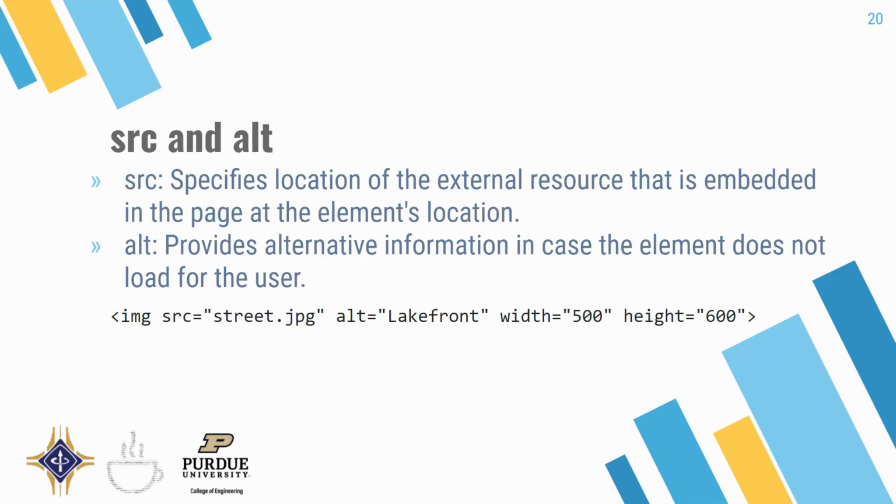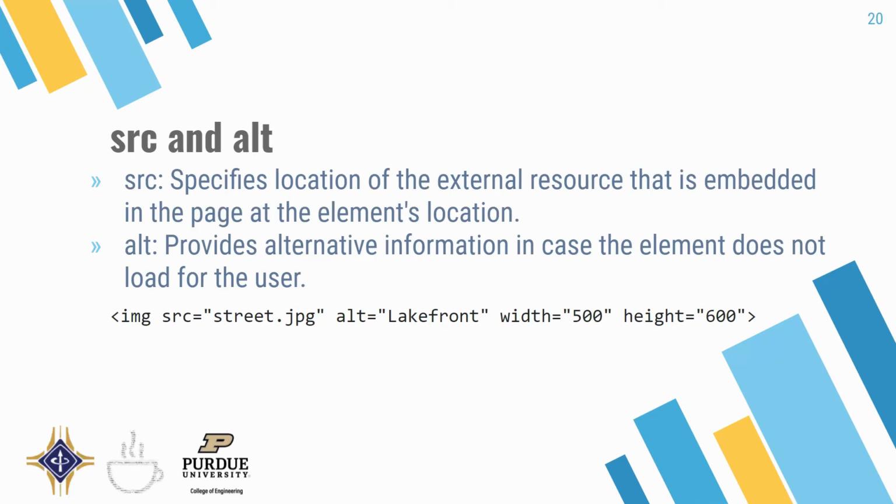The final 2, height and width, are pretty explanatory. The height and the width of the image, and the value is how many pixels, or px, you want your image to be displayed as. So this image is going to be 500 by 600 pixels. One thing to be careful about, again, is HTML and the browsers do not care what aspect ratio your image is supposed to be.